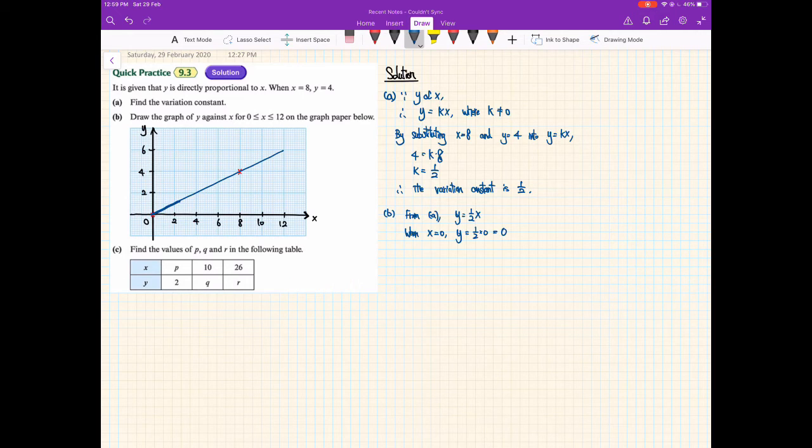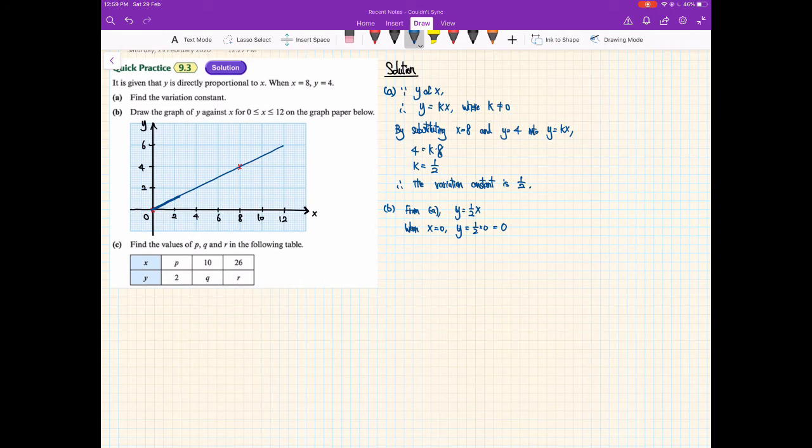Part C, find the values of P, Q, and R in the following table. When x is P, y is 2. So we can find the value of P by looking at the graph.